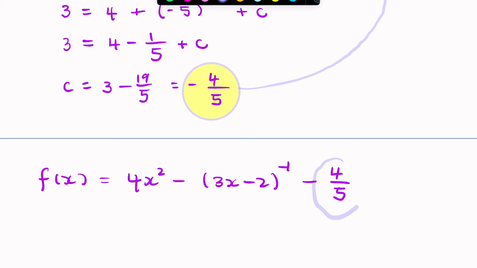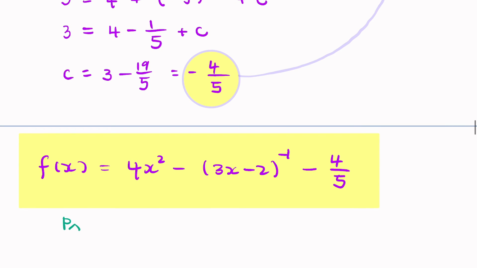So this here is my value of c. And the question asked to find f of x. This is f of x now, so this is my final answer. I can put that in a box and call that my final answer. This is called the particular solution, because what we found has no unknown constant. We found the value of c.